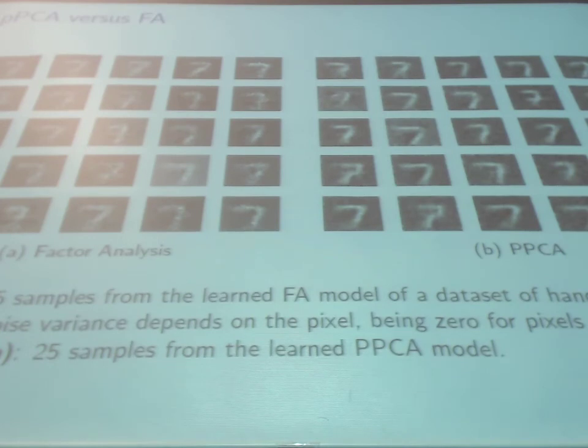As before, I generate an h from a Gaussian distribution with zero mean and unit covariance. I multiply that with f, and then I add on some Gaussian noise from the epsilon process, and that will generate an image. That gives me a v vector, which I can then plot as an image. And these are 25 samples from the learned factor analysis model.